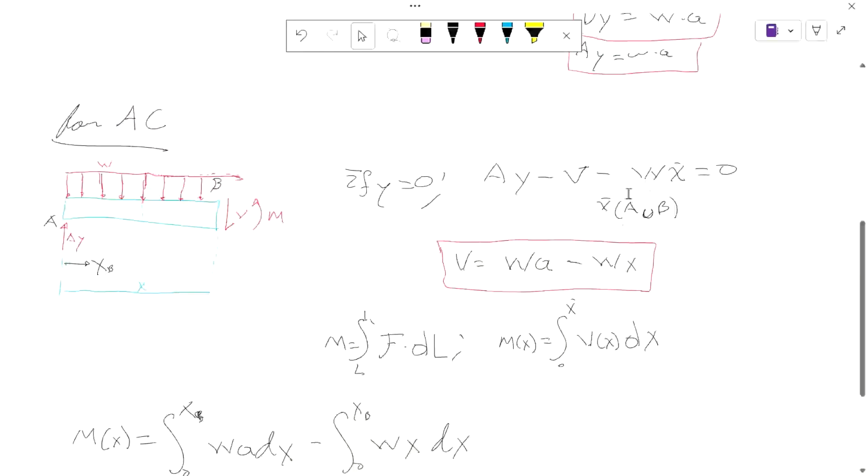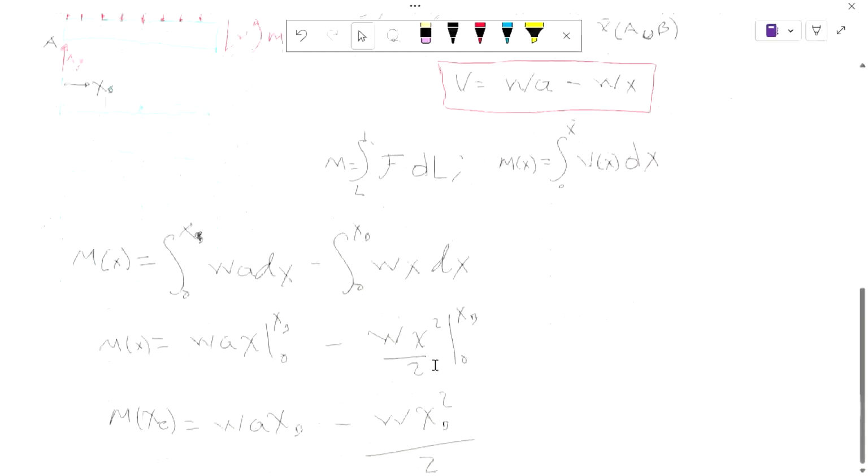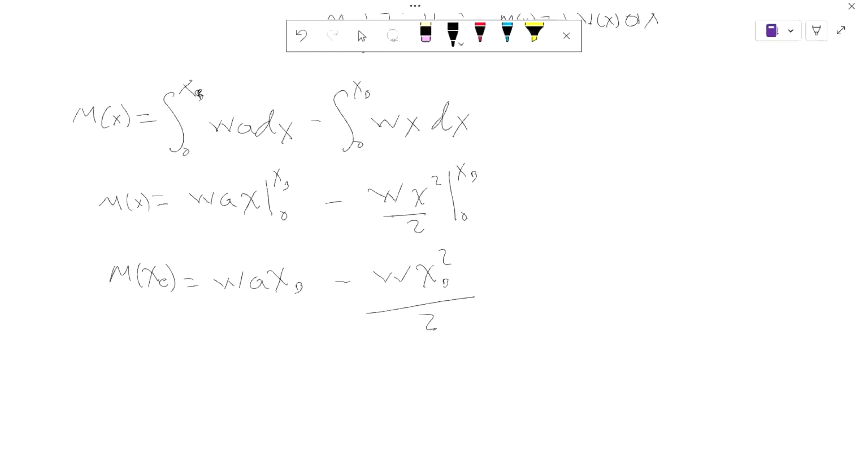But this is a good reminder that you can find the moment of a shear force with integration if you know the function. All right, so this is the moment.